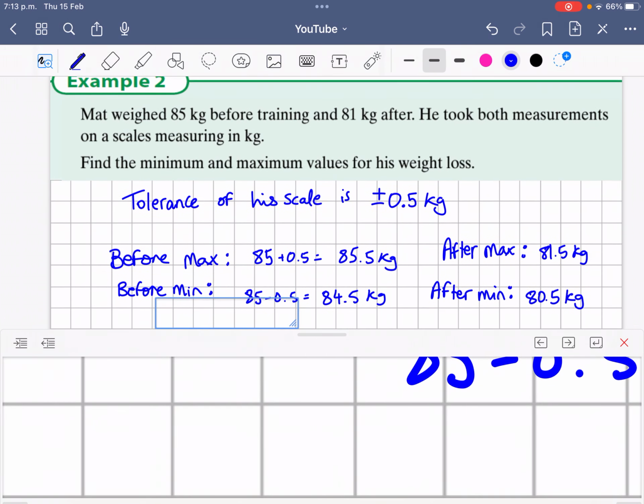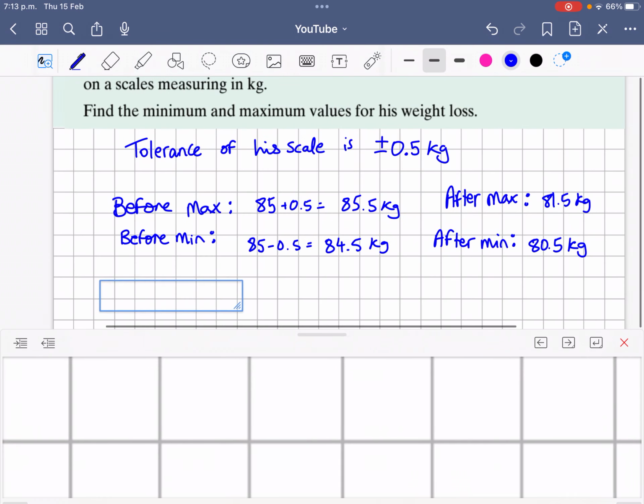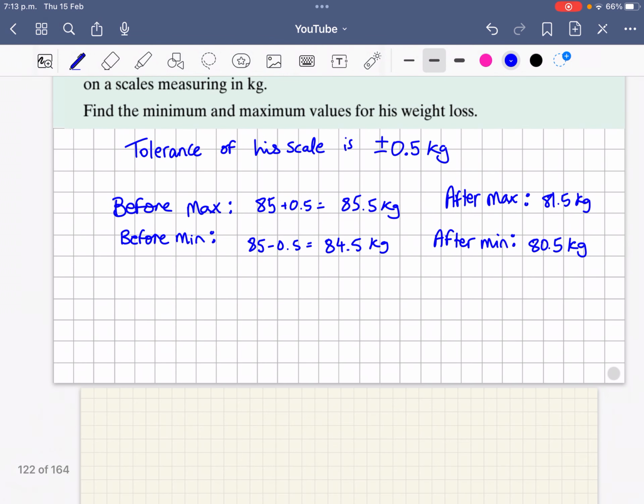And now we have to think the maximum weight loss would be using this measurement taking away this measurement. It gives us the biggest difference. And then the minimum weight loss would be this one, take away this one.